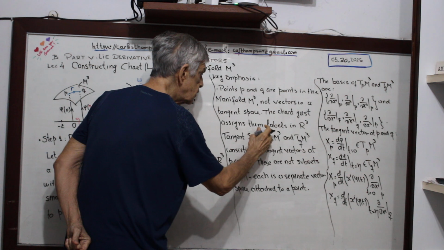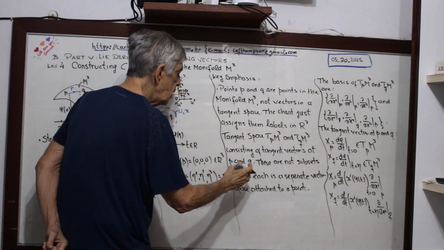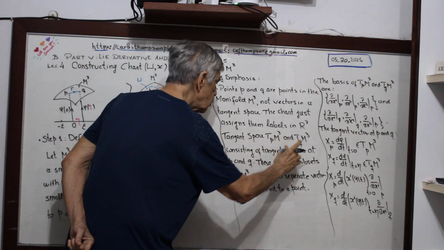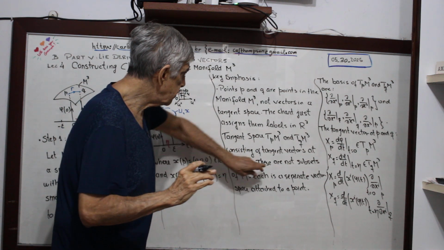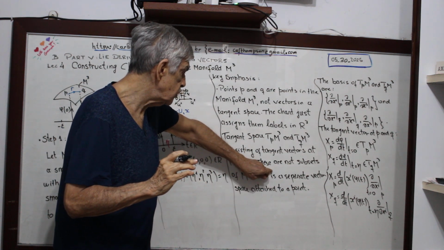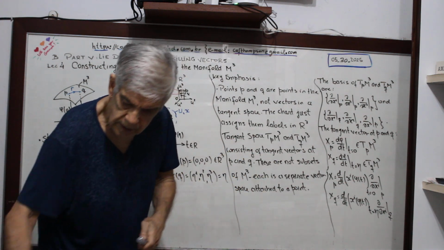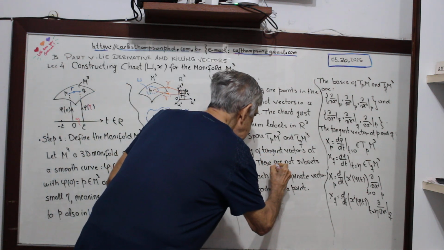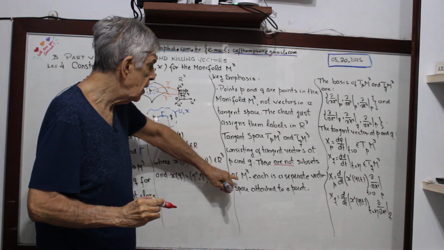The tangent spaces TPM3 and TQM3 consist of tangent vectors at P and Q. That's the most important observation here. These are not a subset of the manifold.